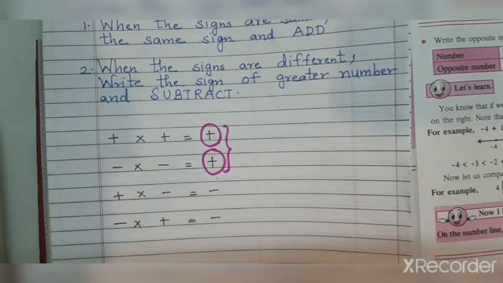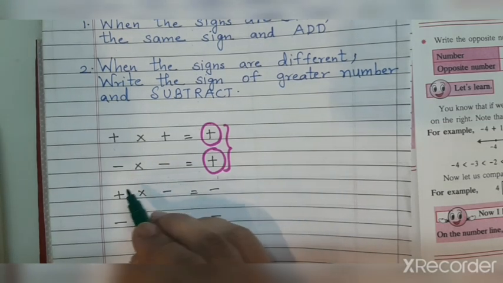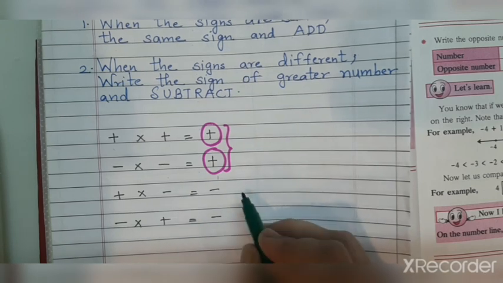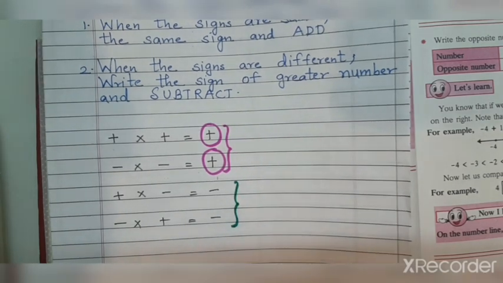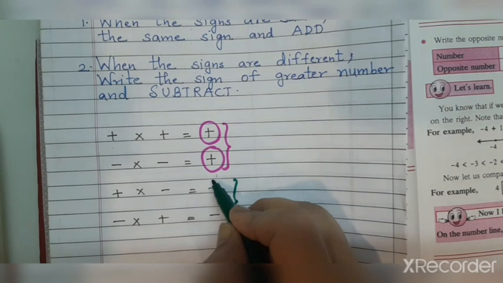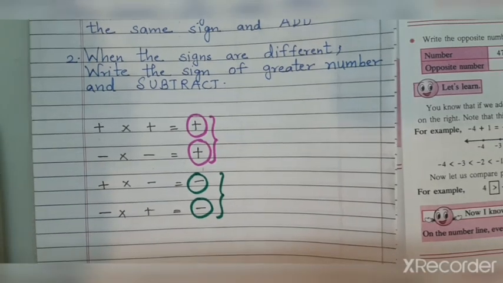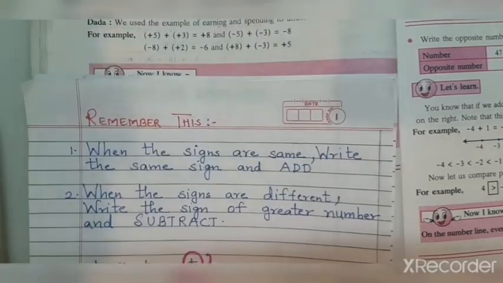And when we multiply a positive and a negative, the answer we get is negative. So you need to remember this part. Remember this.